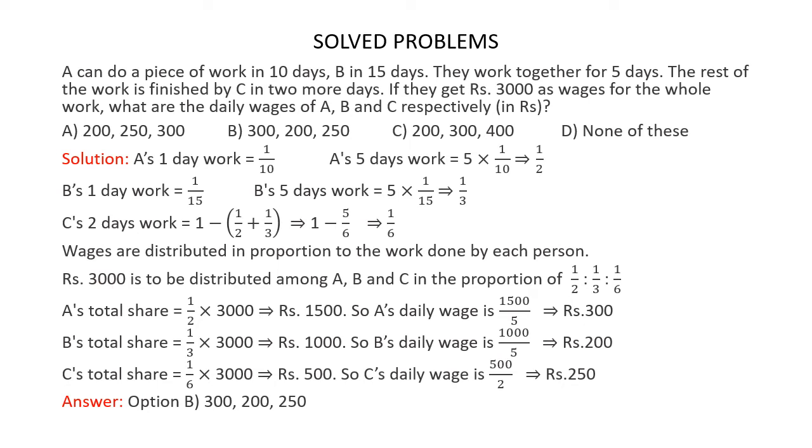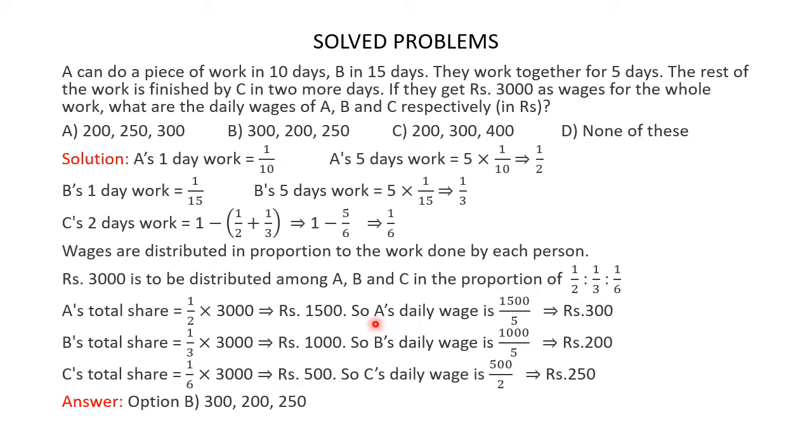So A's total share is 1 by 2 multiplied by 3000 which is rupees 1500. But here we are asked to find the daily wages of A, B and C. We know that A worked for 5 days.